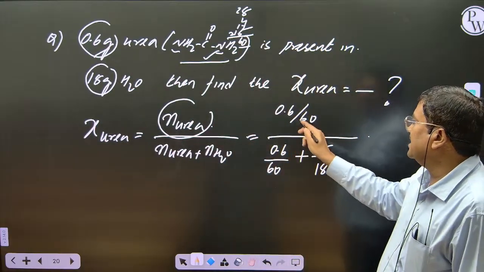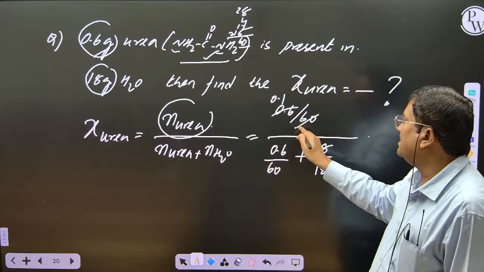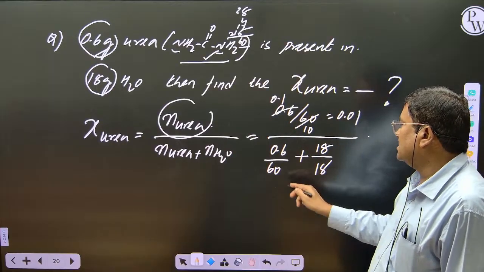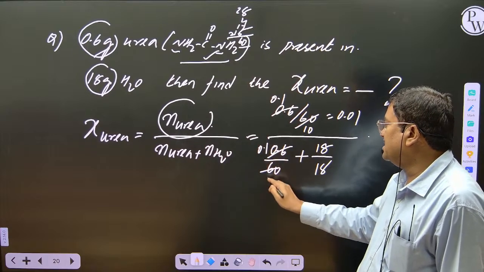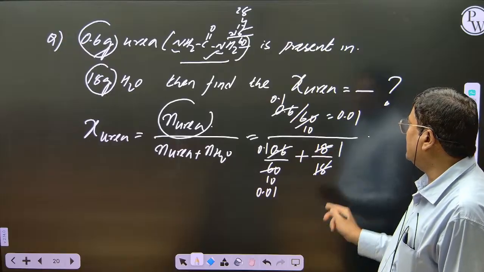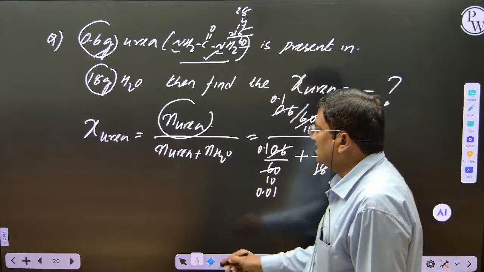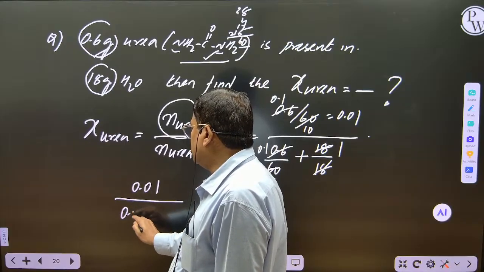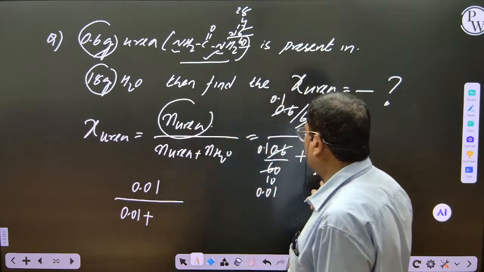Now on simplifying, this will cancel, 0.1 by 10. That means can I write 0.01 mole? This is how much, students? 0.1 upon 10, this is 0.01 mole, and this will cancel by 1. And finally how much do we get? 0.01 in the numerator by 0.01 in the denominator plus 1.